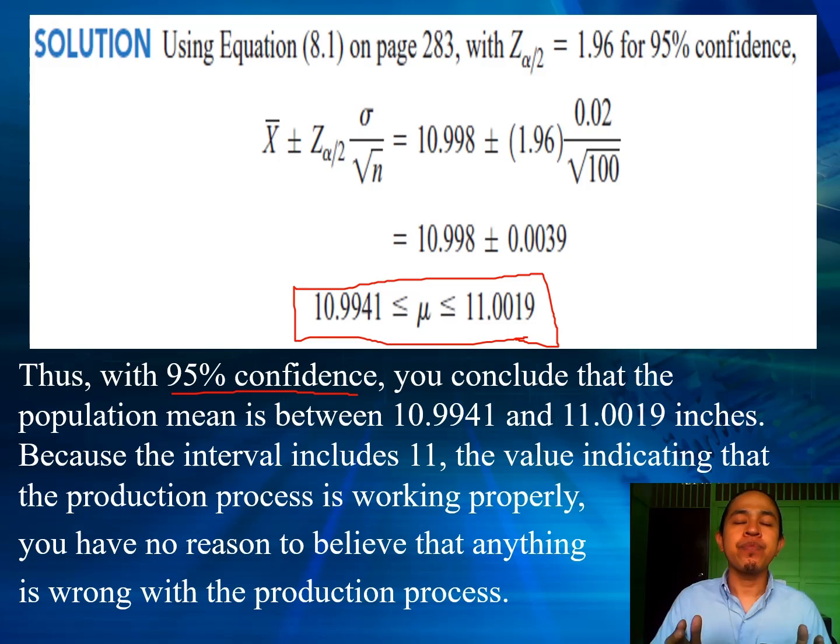Again, if the standard measurement or the population mean is within your confidence interval estimate, then there is no problem. Everything is okay. The other way around, if the standard value or the population mean cannot be found within that interval, therefore there is a problem in the operation and you need to provide the necessary action to that particular problem.